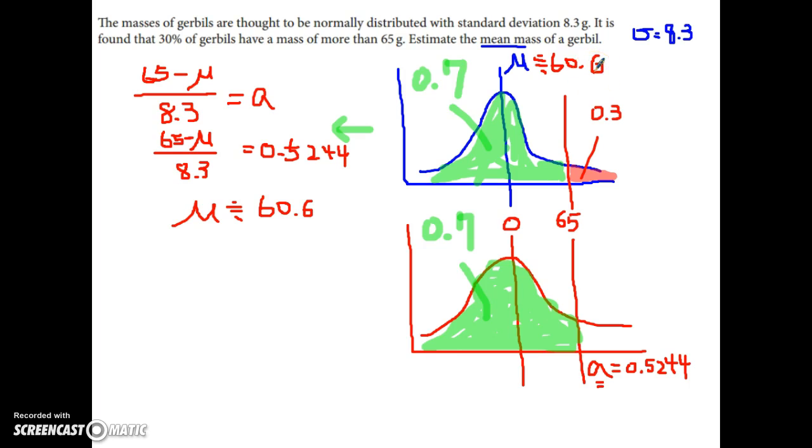Alright? This question here is pretty interesting because it brings us back to the standard normal distribution. And the reason why we do that is so we have the mean. Because for the standard normal distribution, the mean is always 0.